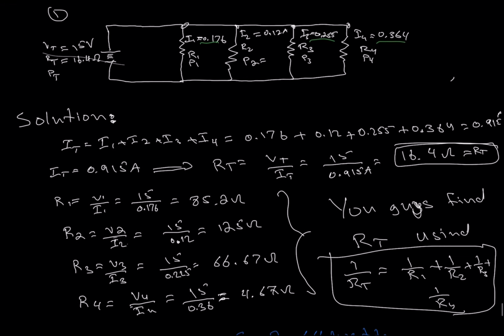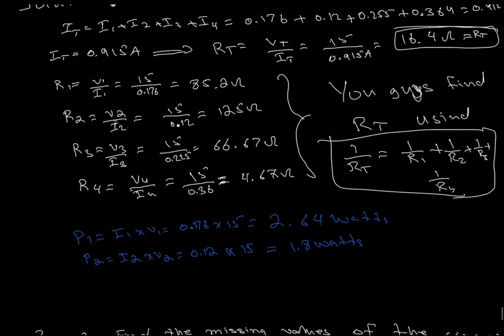Unit of power is watt. P3 is equal to I3 times V3. I3 is 0.225 times 15. 0.225 times 15 gives me 3.375 watts.